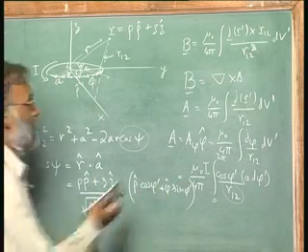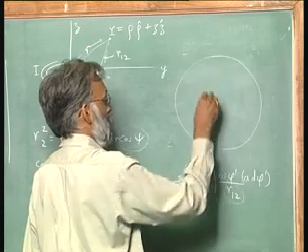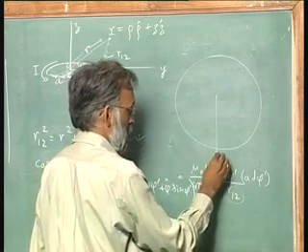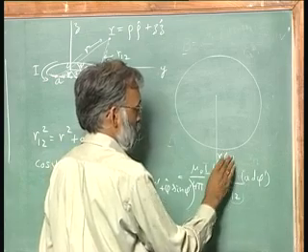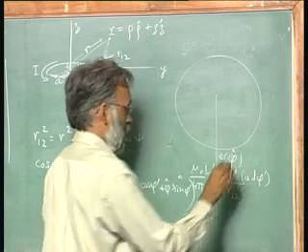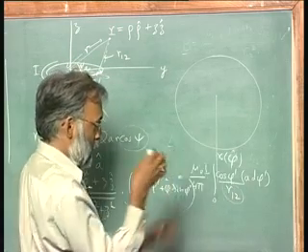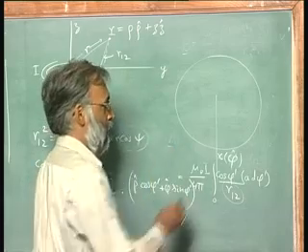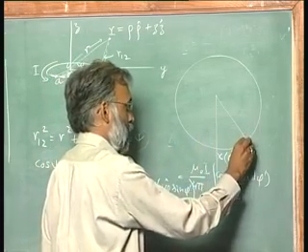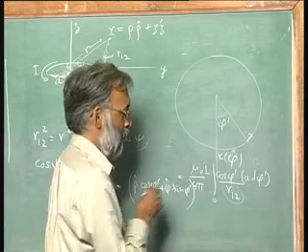Maybe if I draw a picture, it will make it clearer. This direction is x, it is also the direction phi, it is also the angle phi for the observer. Observer is in the xz plane. I have rotated the coordinate so that he is in the xz plane. I am talking about a current element that is at an angle phi prime.